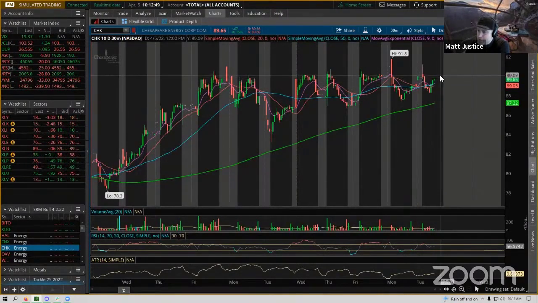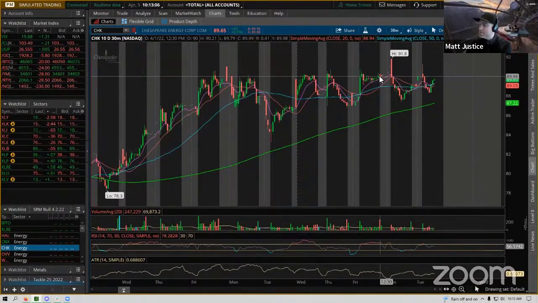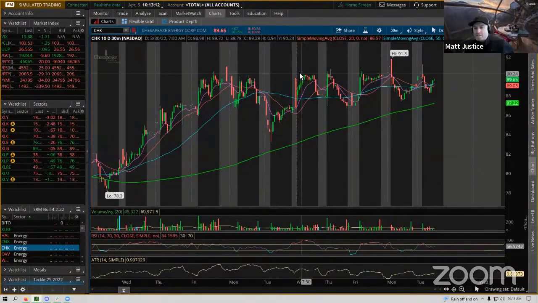And if the close above 90 happens, I do think you have to consider that as confirmation, given the fact that we once again tested 90, came right back down, and closed literally on the doji here. Closed at 90, opened at 90, closed at 89.99. It was like, I'm not even going to do it. I'm selling one share just to close underneath 90, because we're not going to do it. And so it hasn't had that ability yet. I would like to see a close above 90 here.